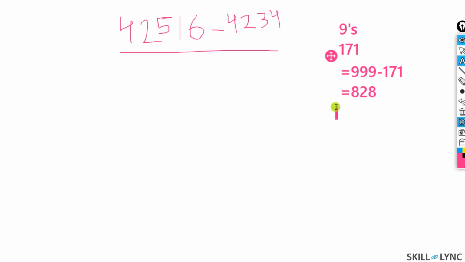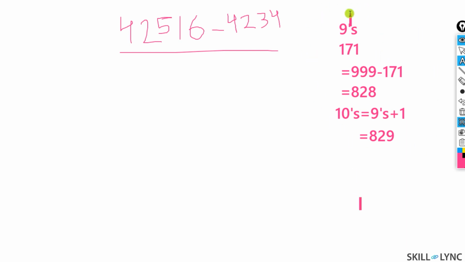This is the answer. This is the 9's complement. And 10's complement is 9's complement plus 1. And 9's complement and 10's complement are applicable only in the case of the decimal number system.